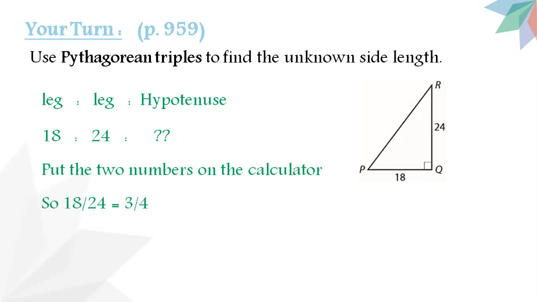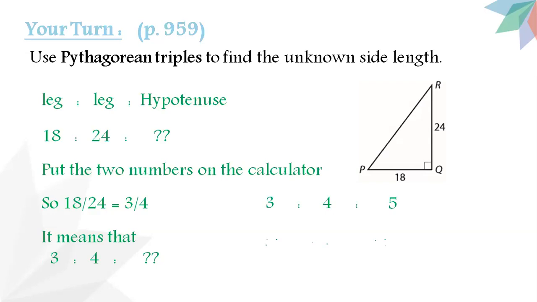18 over 24 gives me 3 over 4 on the calculator. That means you can write it as 3 to 4 to the third one. We studied 3 and 4 before, and it's a well-known triple: 3 and 4 give me the third one, which is 5.